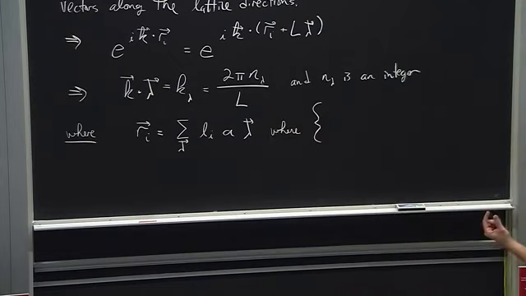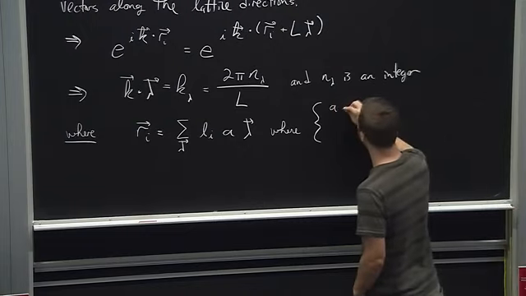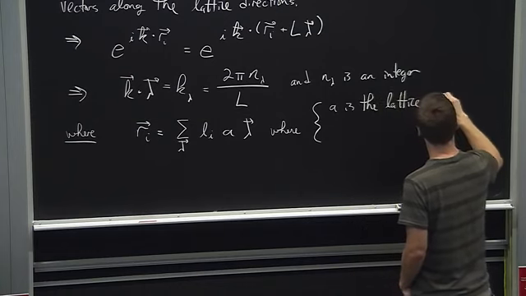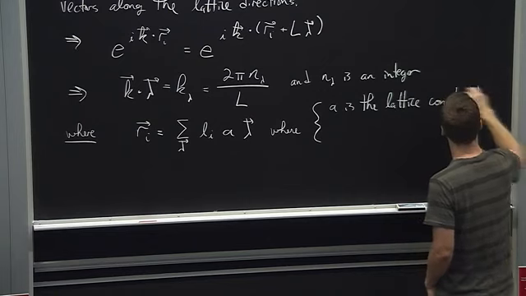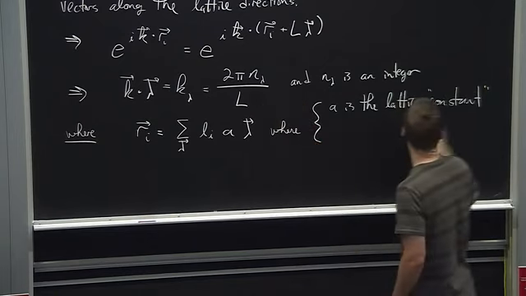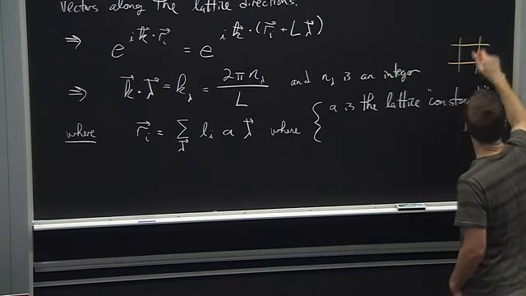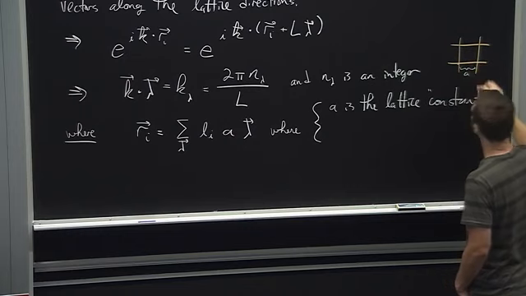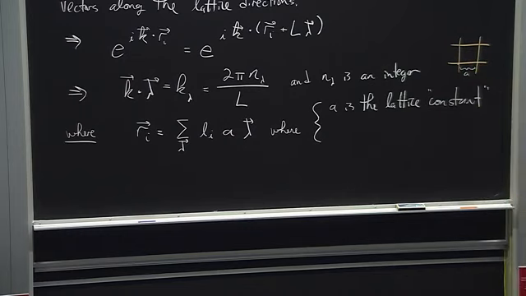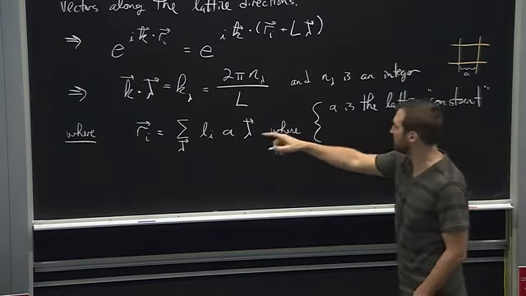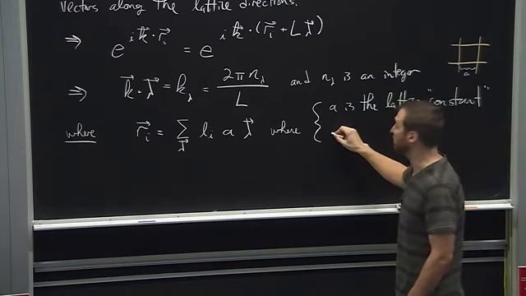A is going to be the lattice constant in real space, meaning A is the distance between 2 neighboring points, an angstrom, whatever the lattice is. And L is, in this case, the integers in real space.